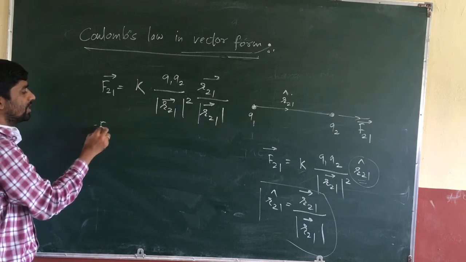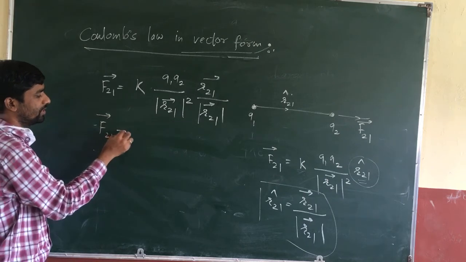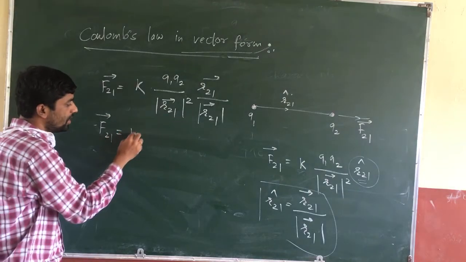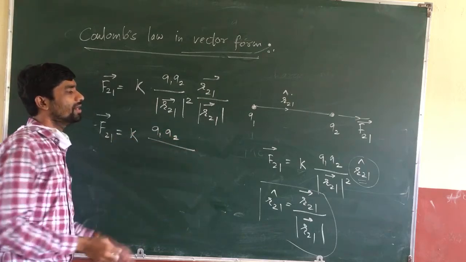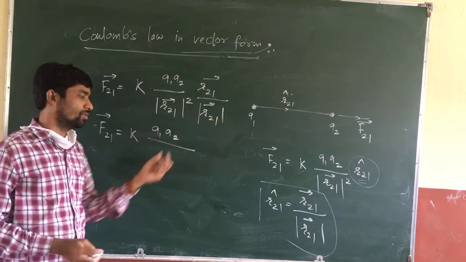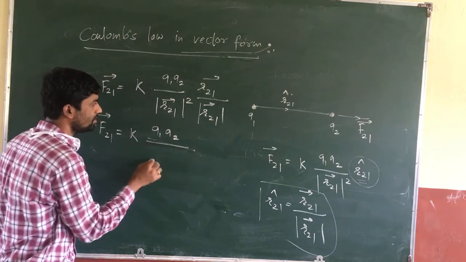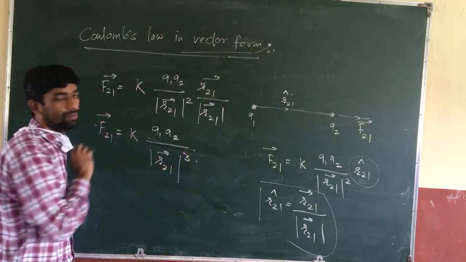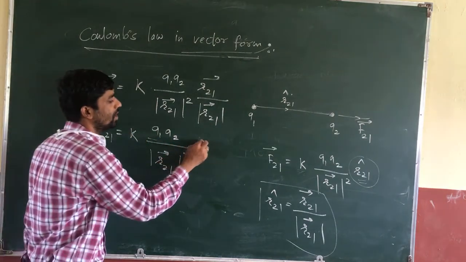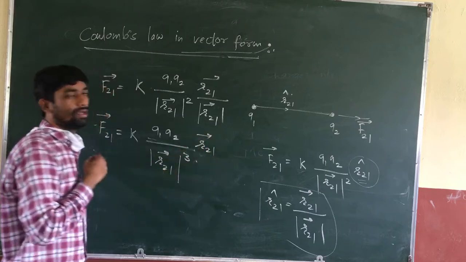So this equation can be written as F21 vector equals the proportionality constant K, q1 q2 divided by the magnitude of R21 vector whole cube, into R21 vector.